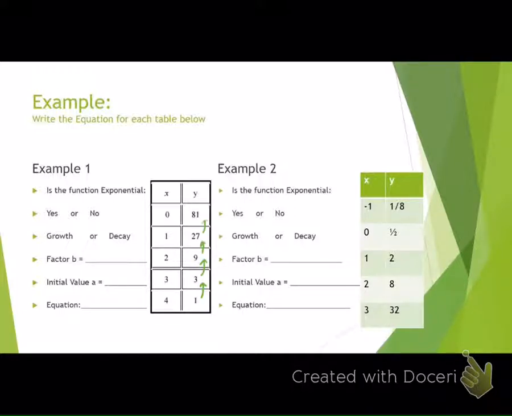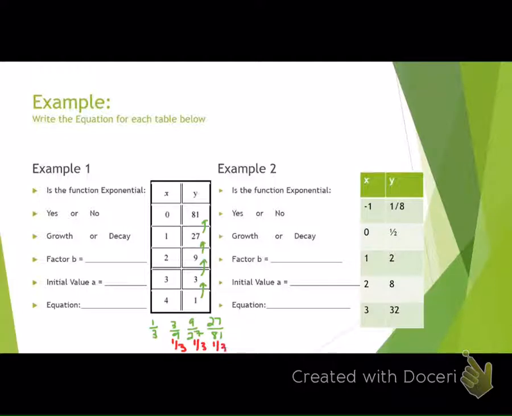If you are somebody that struggles with seeing it, do the bottom divided by the top, the next one divided by that one: 9 divided by 27, 27 divided by 81. What do those all simplify to? 1/3. They all simplify to 1/3.